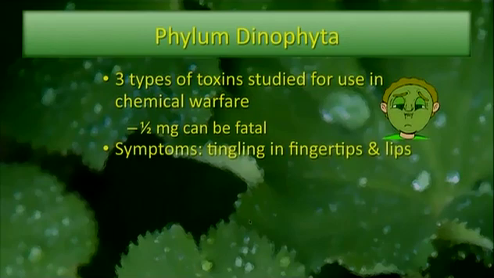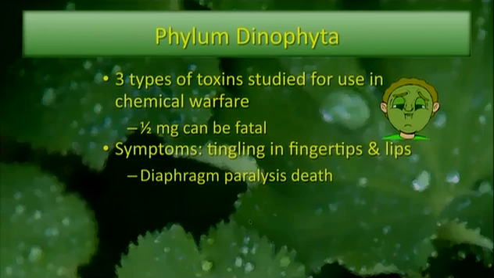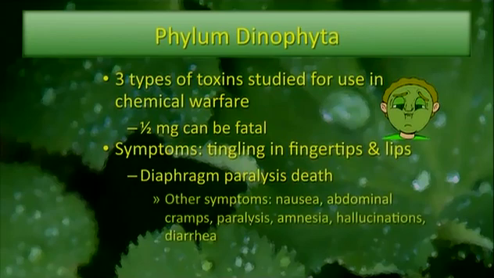Remember, these are neurotoxins. The diaphragm gets paralyzed, and that, of course, will lead to death because you need your diaphragm to be working in order to breathe. Other symptoms are unpleasant: nausea, abdominal cramps, paralysis, amnesia, hallucinations, diarrhea. All very unpleasant.